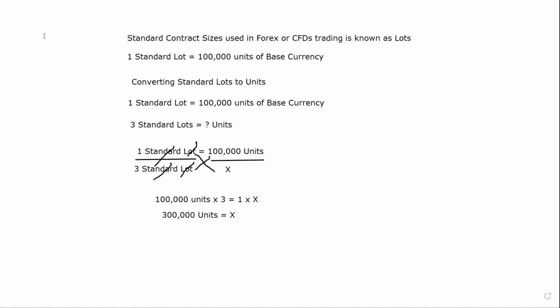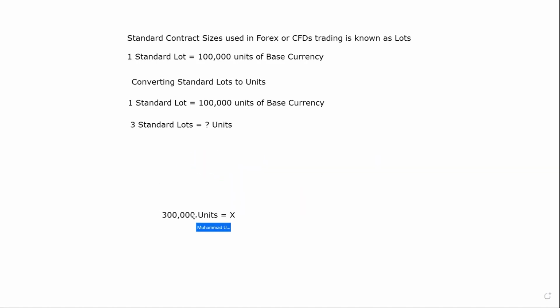In the same way, we're going to convert units to standard lots. How are we going to do so? We're going to use the same mechanism. As we know, one standard lot is equal to 100,000 units of base currency.